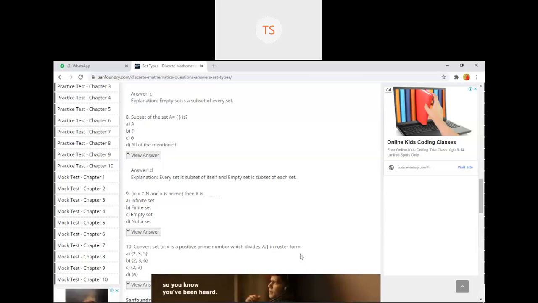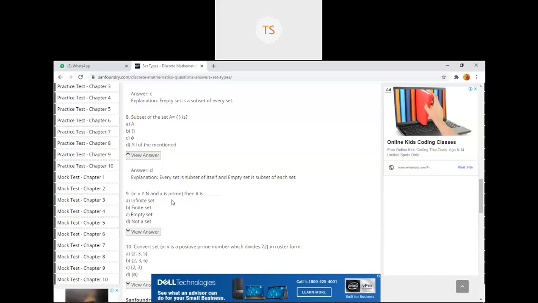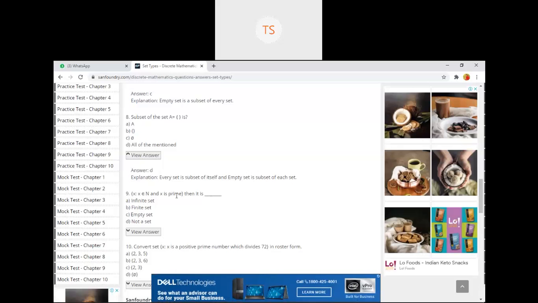How many prime numbers will you have? You will have infinitely many prime numbers. So our correct option is option A.